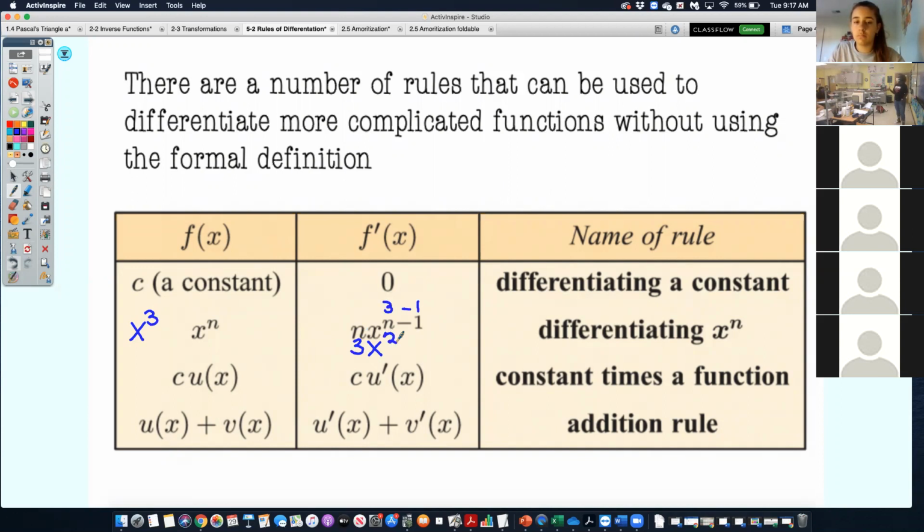And that's what we found using the formal definition. So that right there is called differentiating x to the n power. I do call it the power rule, because when you look online, other textbooks, that is its name, okay? It's called the power rule.